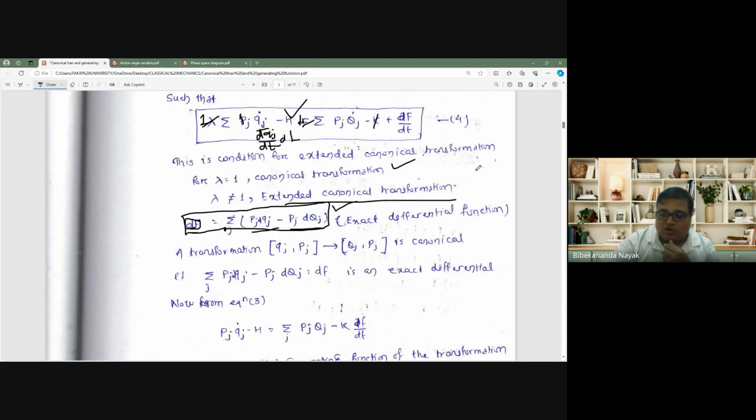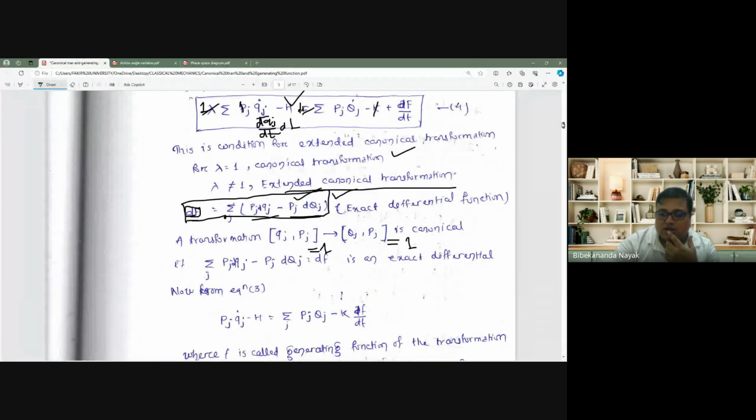Okay. So already we discussed in the last class that a transformation is canonical if the Poisson bracket gives 1. We know the Poisson bracket of small qj, pj is equal to 1. So the Poisson bracket remains invariant: capital Qj, Pj is equal to 1. Then we call it a canonical transformation. It is another way to check. We can also check whether the sum over j of small pj dqj minus capital Pj dQj is a perfect differential.